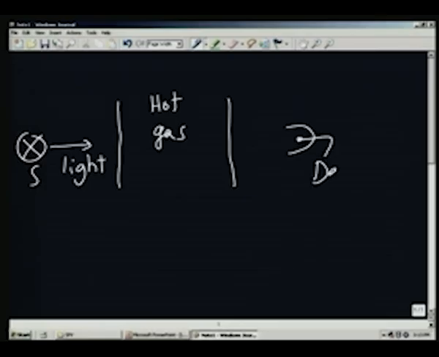This is a detector, and the radiation is going to pass through the gas and it is going to be falling on the detector, and because of the gas which is present, the radiation leaving the source, if I say 1 unit is going to leave from here, the detector will detect less than 1 unit.